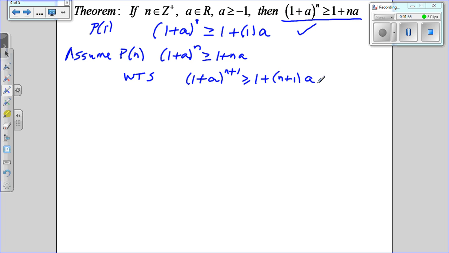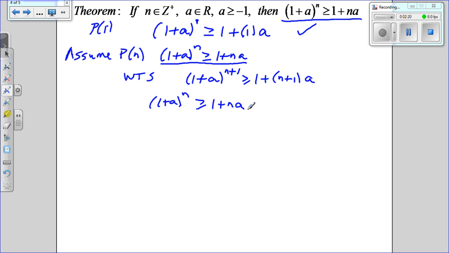So let's start with what we just assumed to be true: (1 plus a) to the nth power is greater than or equal to 1 plus na. In WTS, the left-hand side of that inequality has (1 plus a) to the n plus 1 power.